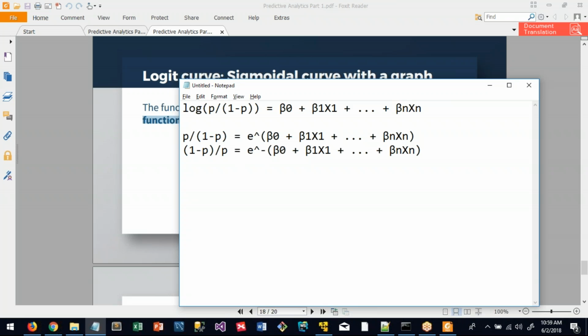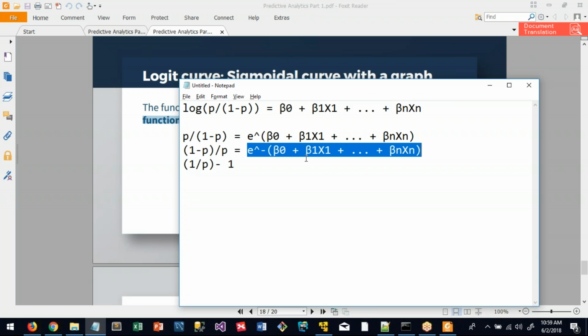So the left side of the equation can now be reduced to 1 divided by p. I'm just solving for it. 1 divided by p minus 1, because this p over here comes underneath this. This becomes 1 by p minus p divided by p, and p divided by p is 1. This is the reason for minus 1 here.